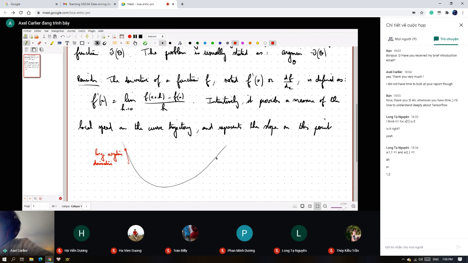Now if you are here, you get a small positive derivative, because the difference between f of x plus h and f of x is smaller than here, but still it's positive. And if you are exactly here, you'll get a null derivative.